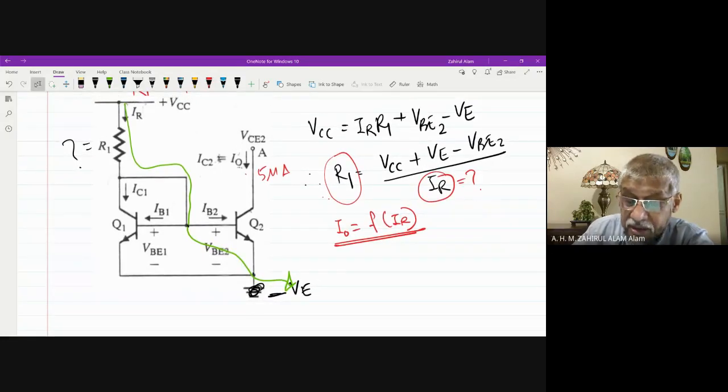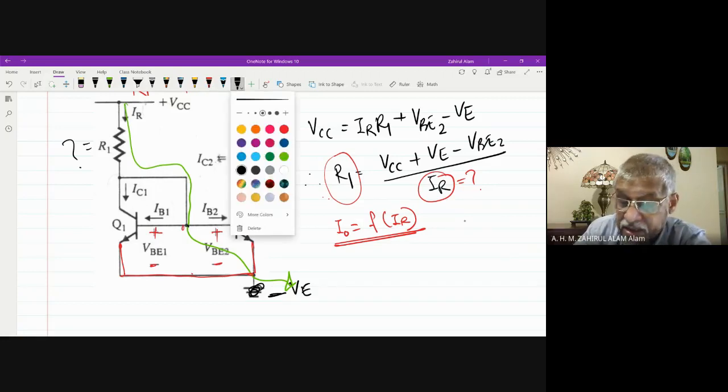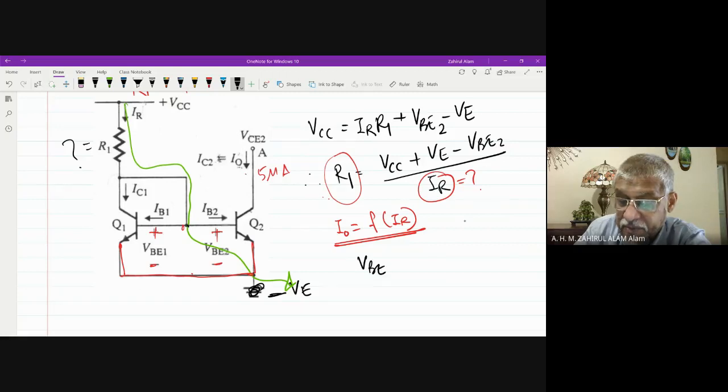Now, how to solve this one? We need this configuration. Both emitters are connected to the same point. So then VBE1 and VBE2 are equal. For this particular configuration, VBE1 is equal to VBE2.